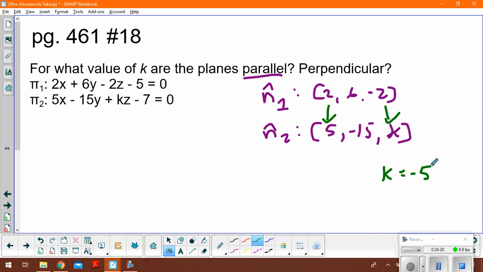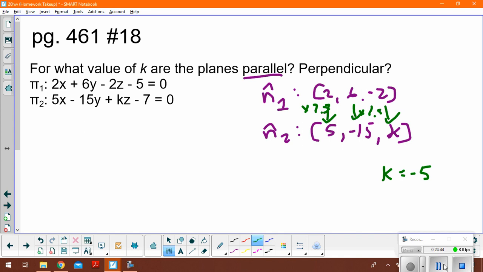I just want to verify that it's the same thing here. To go from 2 to 5, that's times 2.5. If I multiply 6 by 2.5, I do get, oh wait, that's interesting.